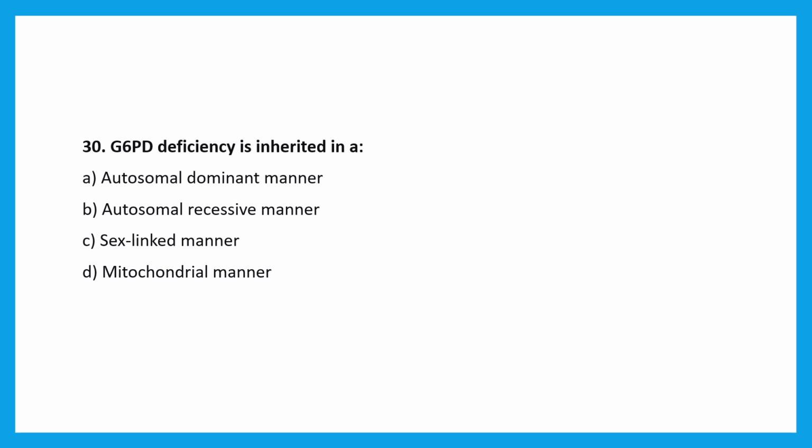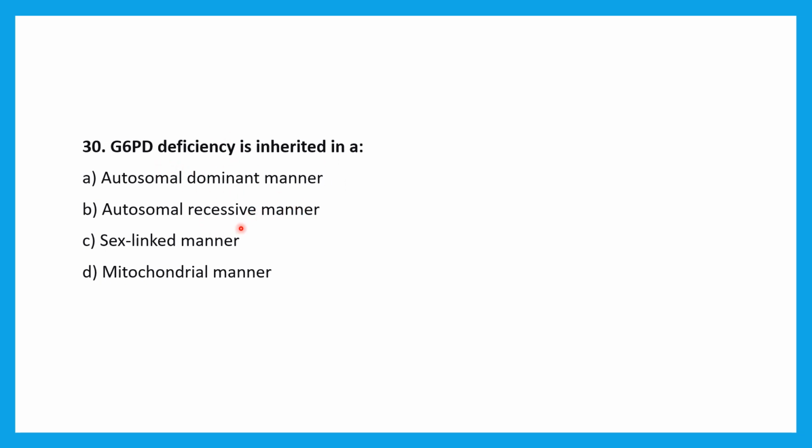Okay, so question number 30. G6PD deficiency is inherited in A, autosomal dominant manner, B, autosomal recessive manner, C, sex-linked manner, and D, mitochondrial manner. Okay, so what are we saying about this? For G6PD deficiency, we know that the gene for the G6PD enzyme is located on the what?